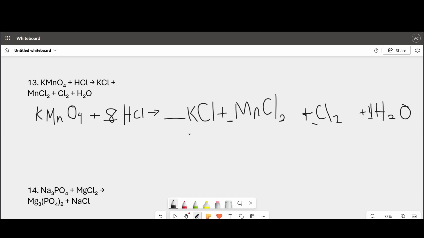We have 1 over here. So we have 3 chlorides here, 3 chlorides, and in order to add, we just need to have 5 here. But that unfortunately cannot happen.